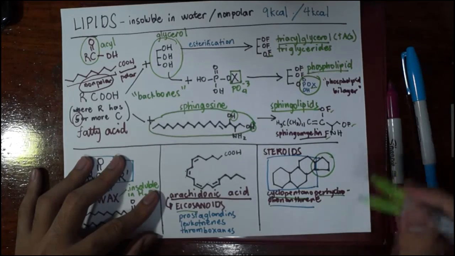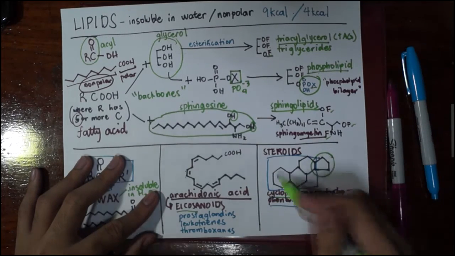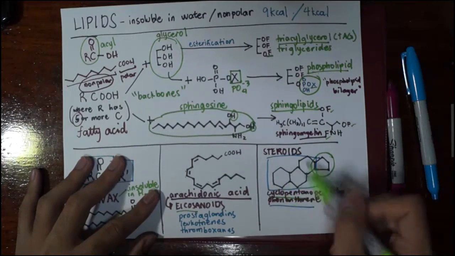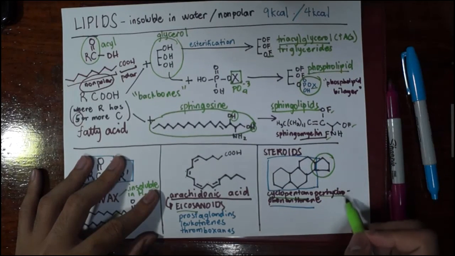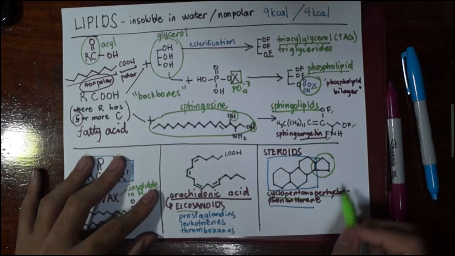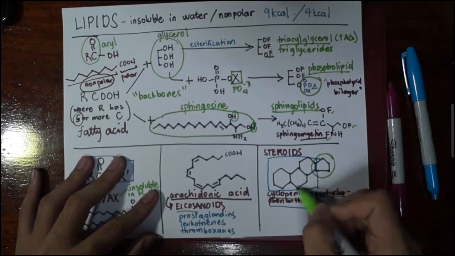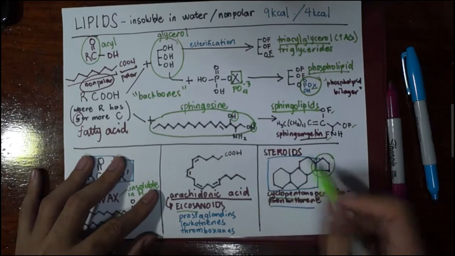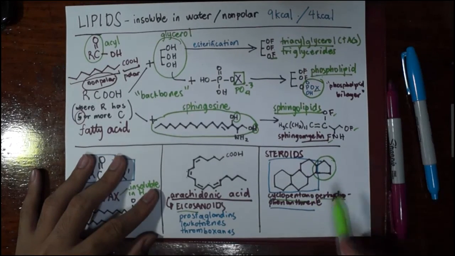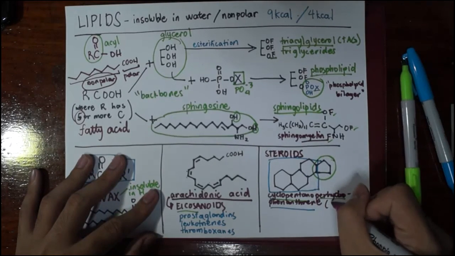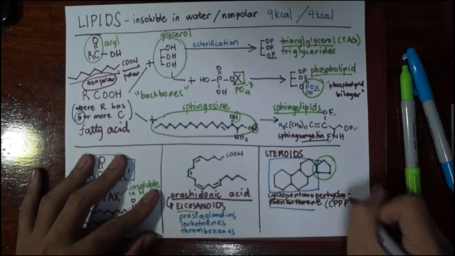Perhydro means that all the possible double bonds here, or the unsaturations here, have been fully occupied or saturated by hydrogens, because phenanthrene is aromatic. It has double bonds here originally. You remove or you obliterate all of those bonds and fill them up with hydrogen. So that's why we come up with this name, or it's also abbreviated as CPPP.